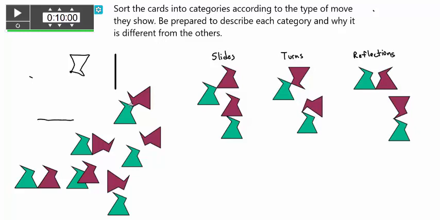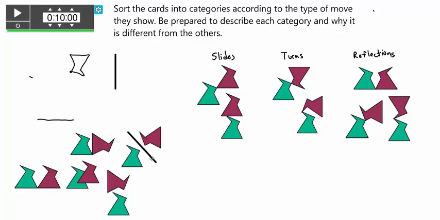This one, that looks like a mirror image too. Right there would be our line of reflection. So that's a reflection. So this one, that looks kind of tricky.